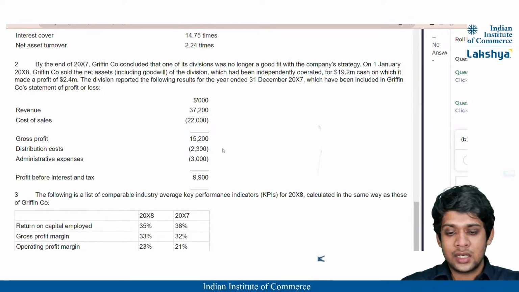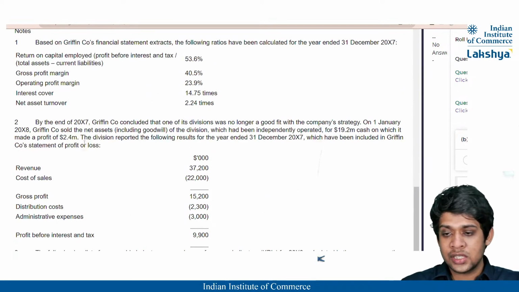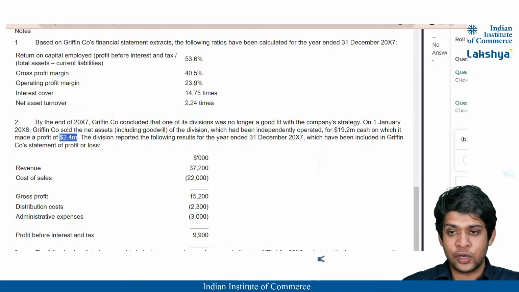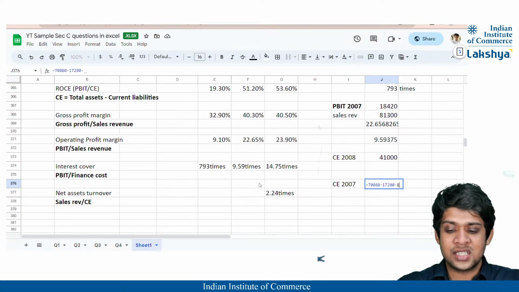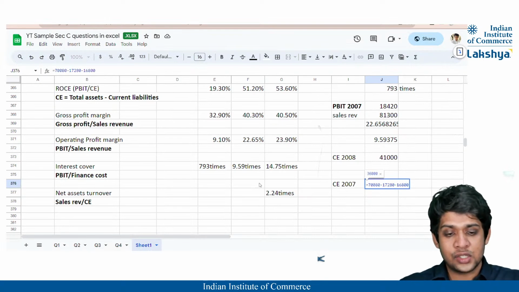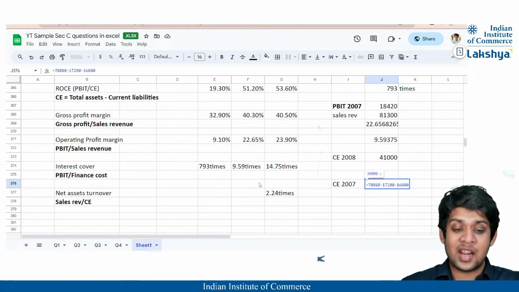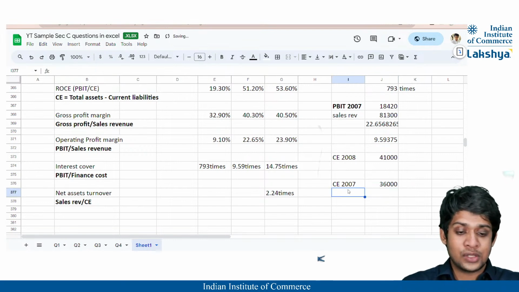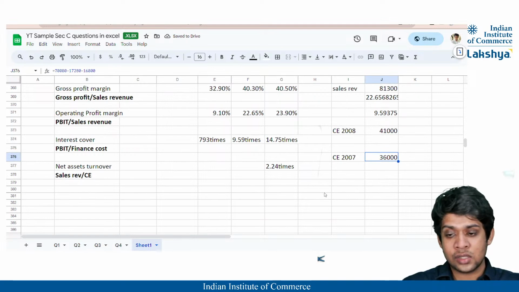You can see here, it was disposed of for 19,200, but they gained a profit of 2.4 million on its disposal. So the carrying value would be 19,200 minus 2.4 million, which is nothing but 16,800. Right? So that will also be reduced because that value of assets is gone as that operation is disposed of. So the capital employed here is 36,000.